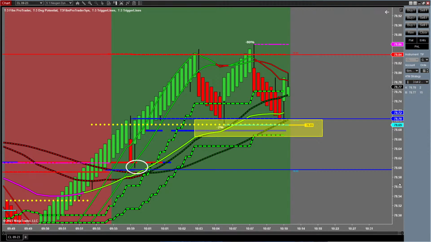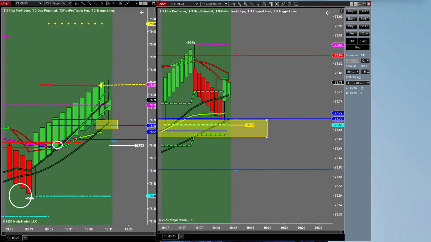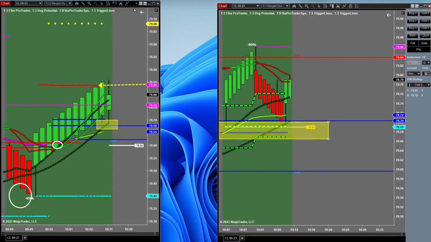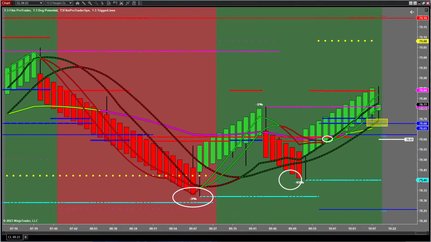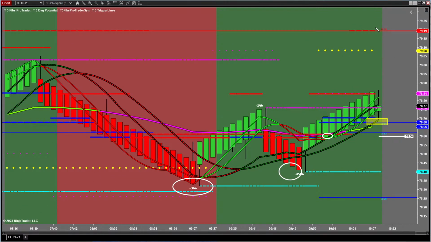Now, when you're only looking at your small chart, you're like, okay, what's going to happen? This is why it's incredibly important to have some type of context on your large chart. Remember when I said we may very well go up to here?